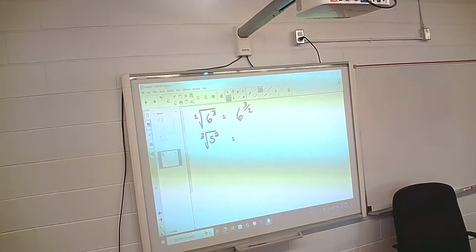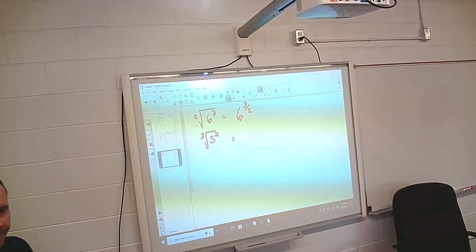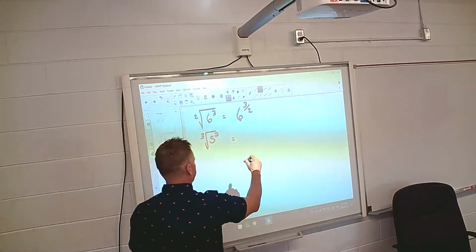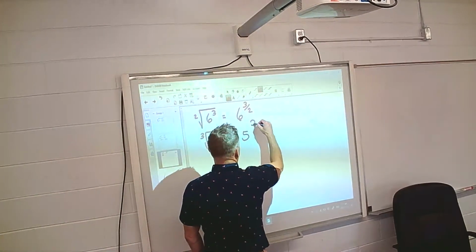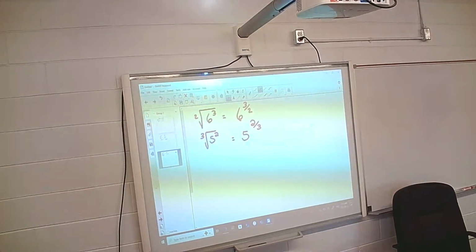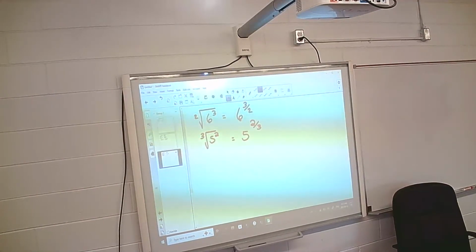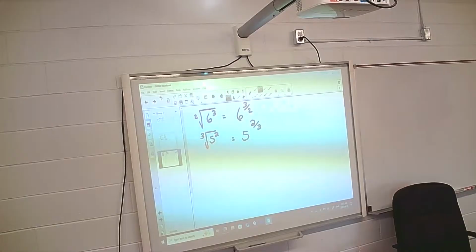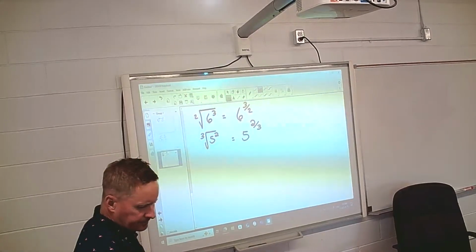It would be 5 to the 2 over 3. Again, simple. The index value goes as the denominator of the fraction. One last one.